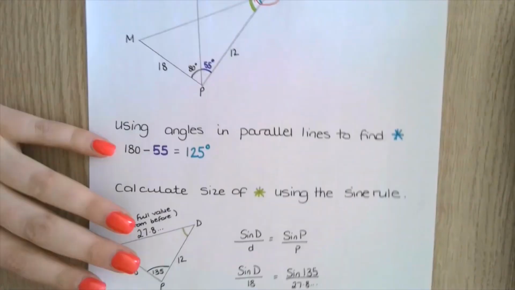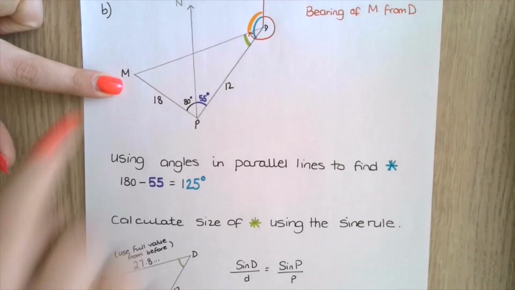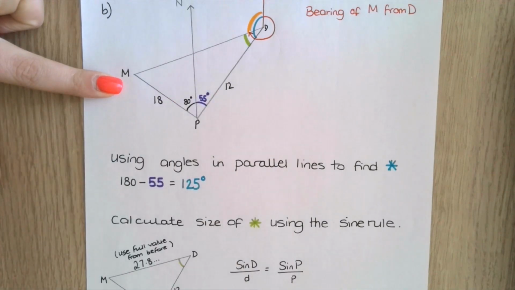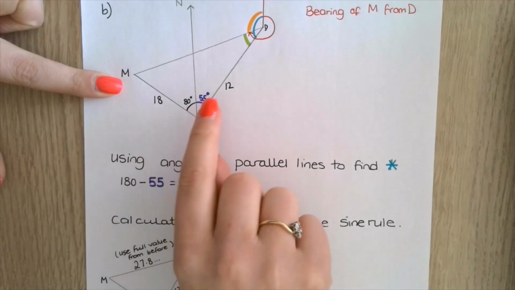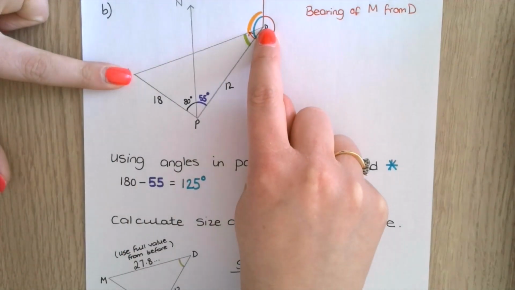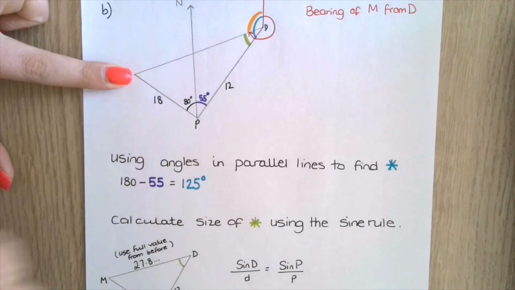Now looking at part B, I've got that triangle again that I drew previously, and I showed you how I got the 80 and the 55, the 18 and the 12. Now this part of the question asks what the bearing is of Mary Mary from Darling Dave. So we know this is Mary Mary, and we know this is Darling Dave, and therefore the bearing must be all of this around here.